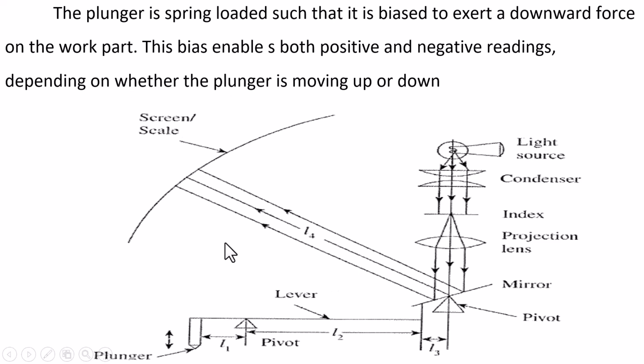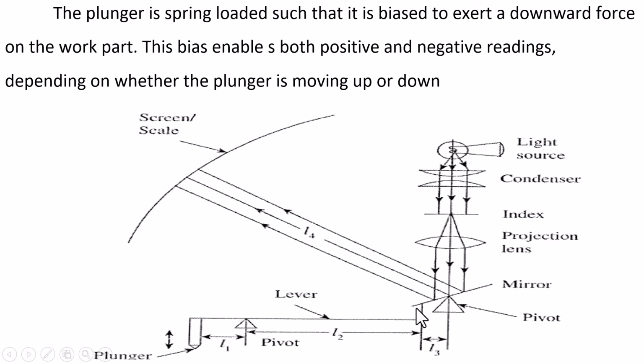Here you can see the plunger. When it is moving over the surface to be tested, there is a pivot on the lever where the plunger is attached, so the plunger can move up and down. The mirror is connected by a link, and the mirror is also pivoted here.